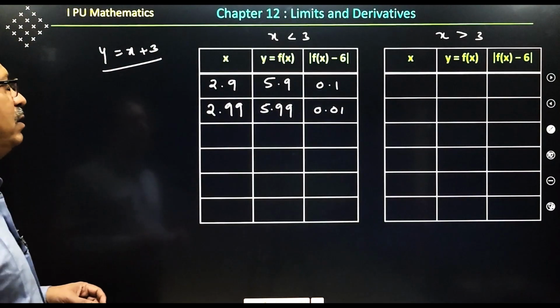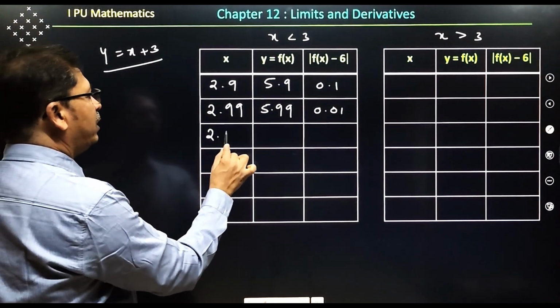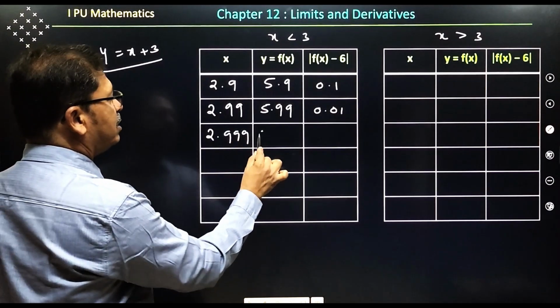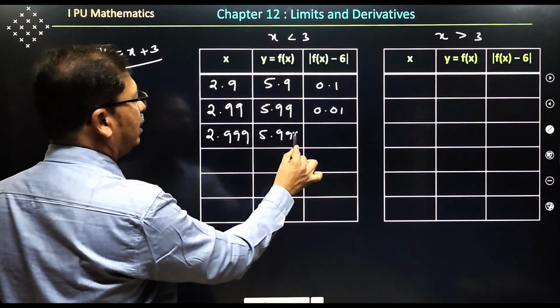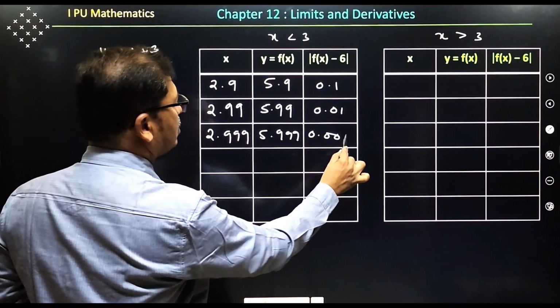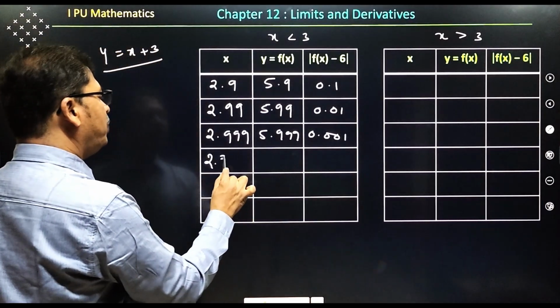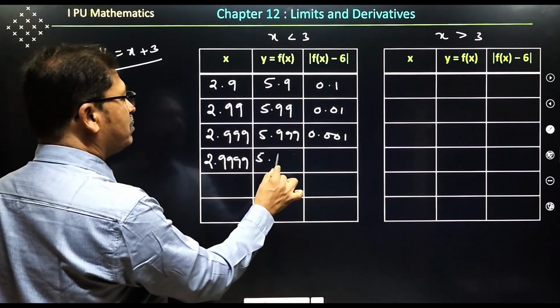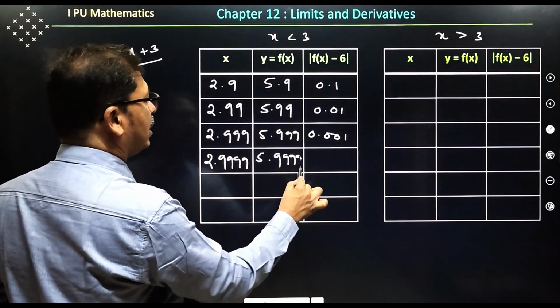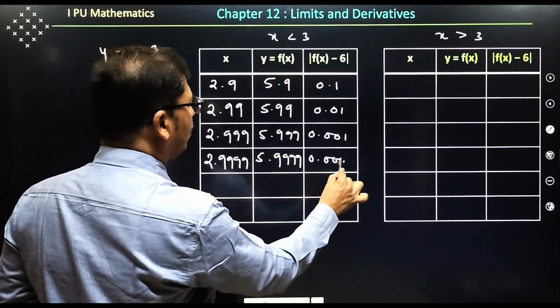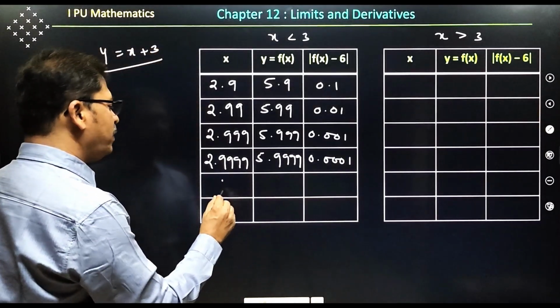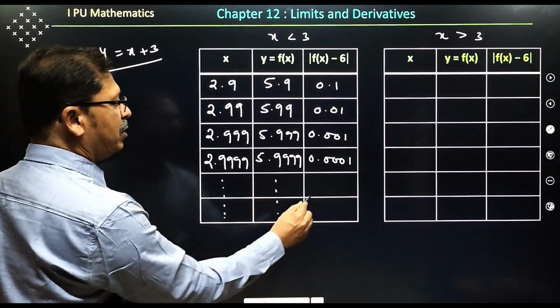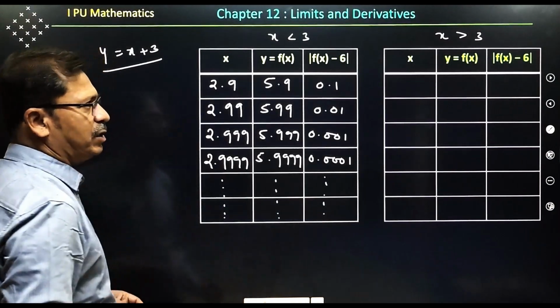Then next 2.999, then this becomes 5.999, so definitely the difference is 0.001. Similarly, if you take 4 nines in the decimal places, it is 0.0001 here. You continue this sequence in the same manner, and the difference continues to shrink.